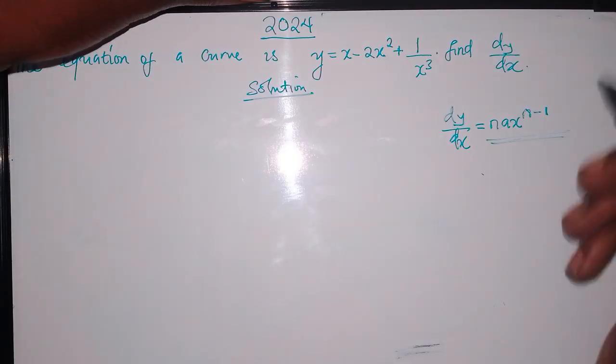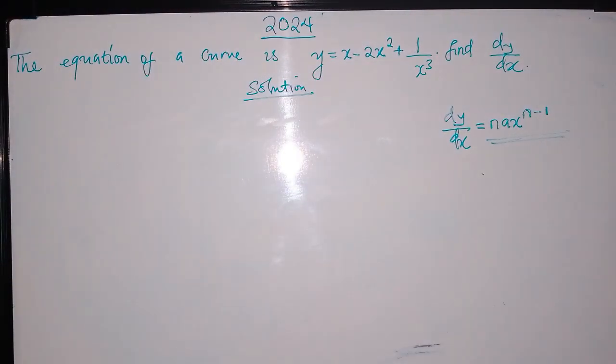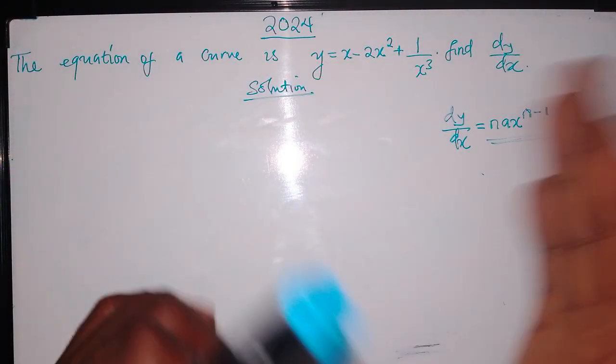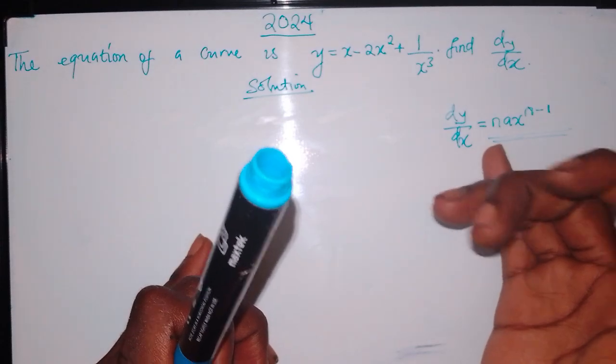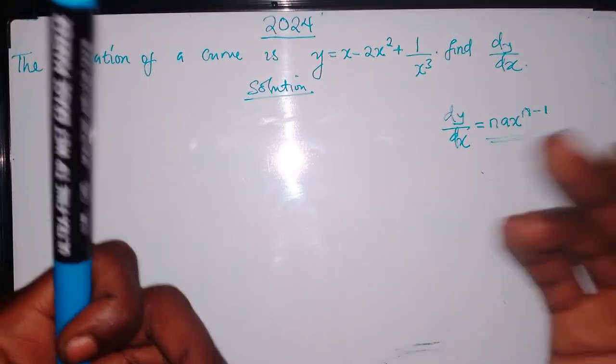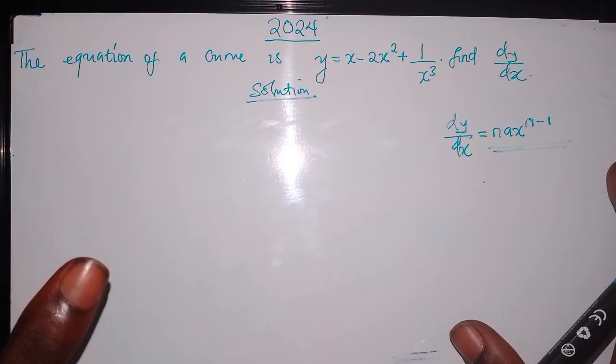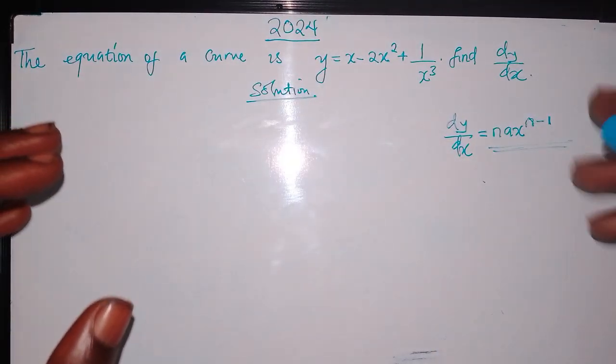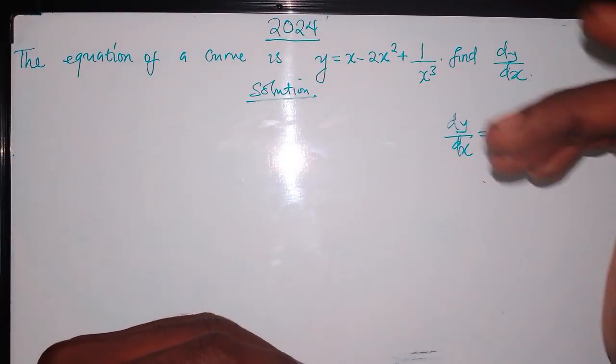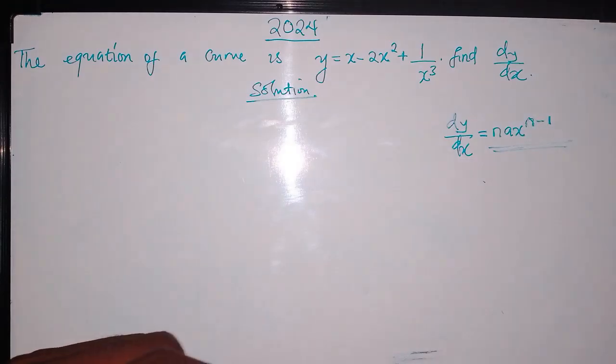So again, n is the power, meaning you have to multiply the power with the first number, as you will see in this video. So pay attention. This is the equation which you always use in differentiation.